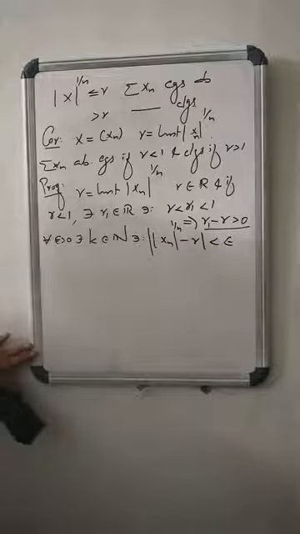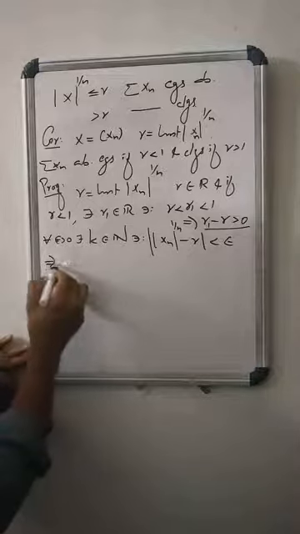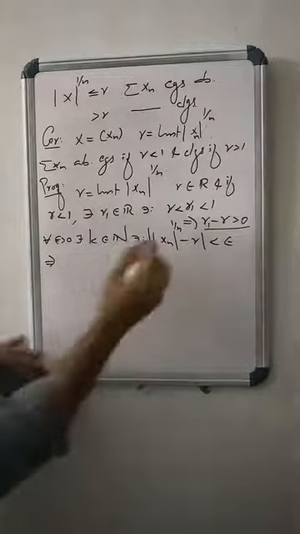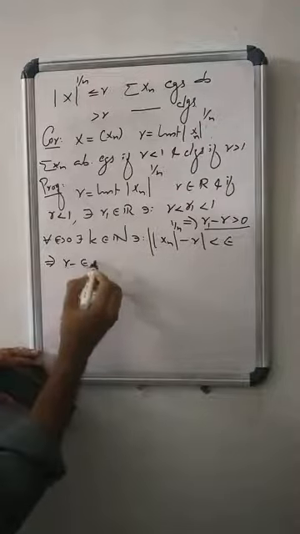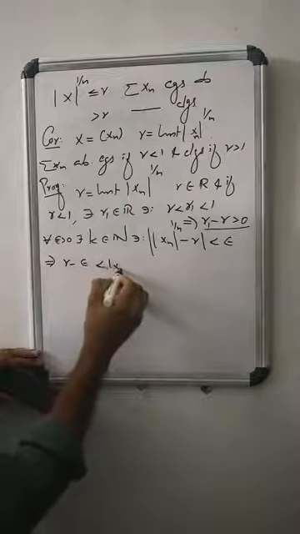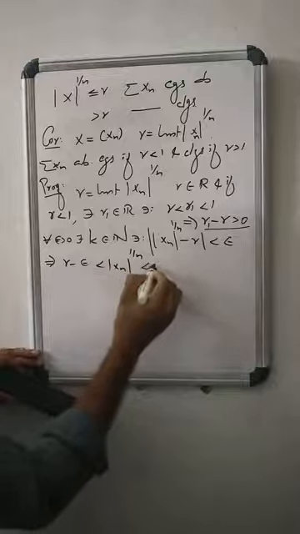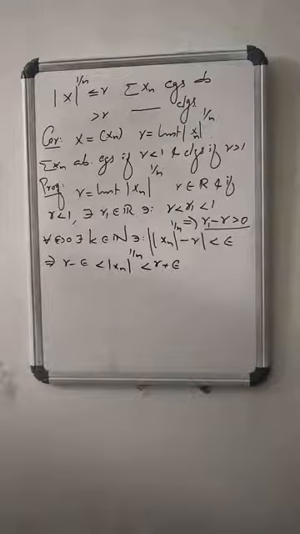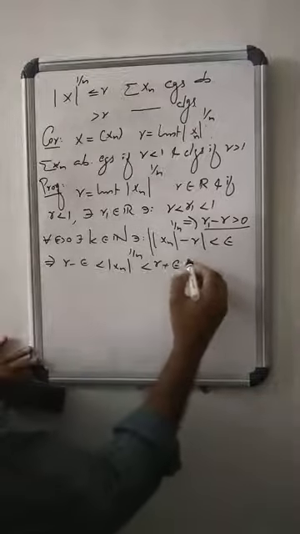That means r minus epsilon is strictly less than modulus of x_n power 1 by n, strictly less than r plus epsilon.